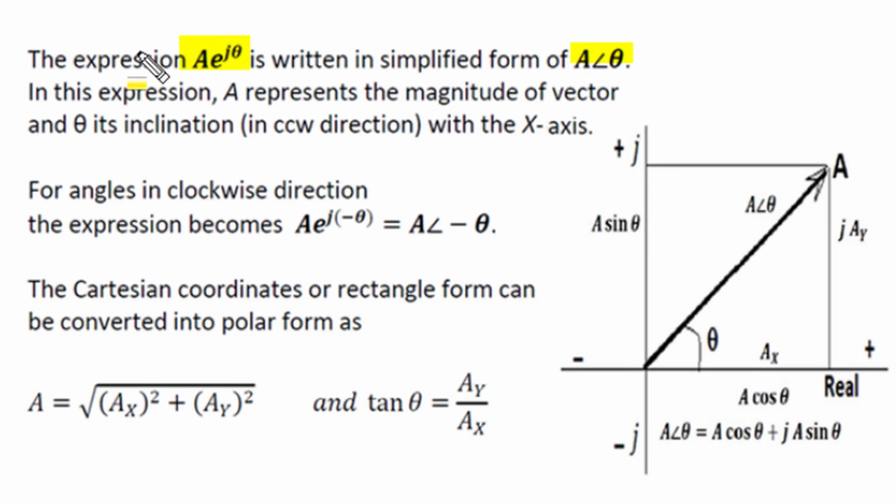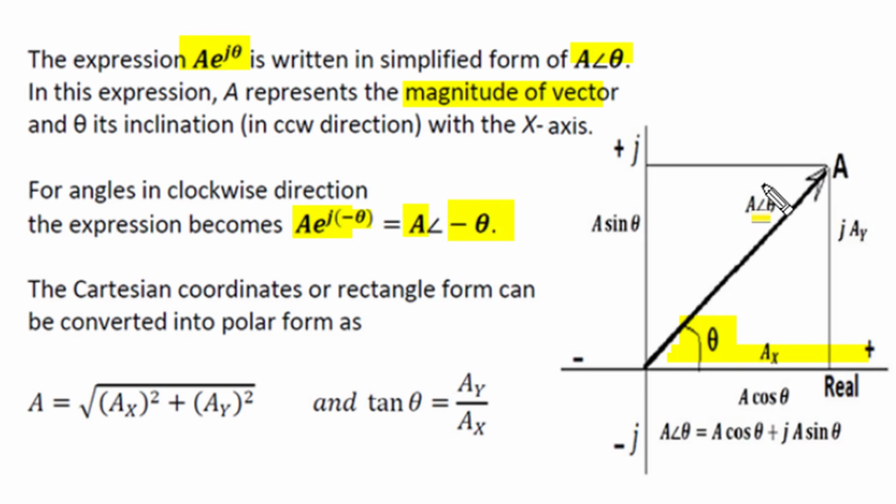Here a represents the magnitude of the phasor vector or magnitude of the sinusoidal quantity, and theta is the inclination or angle in the anticlockwise direction from the horizontal reference, representing the phase angle of the phasor. From the horizontal reference, anticlockwise angles are taken as positive, and if the same angle is instead in the downside clockwise direction from the horizontal reference, then such an angular expression becomes negative, and such a phasor is represented as a e raised to power j minus theta, or with magnitude a angle minus theta.